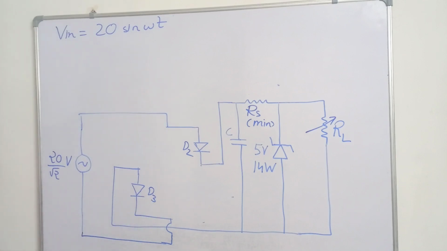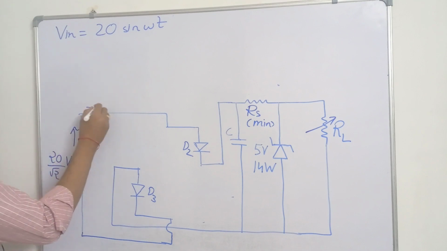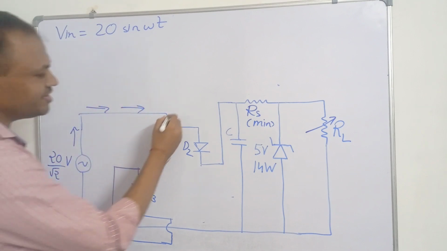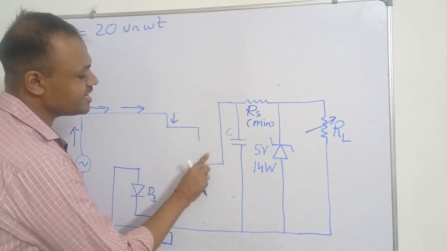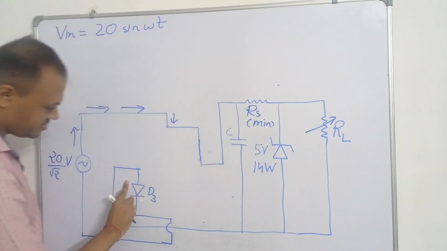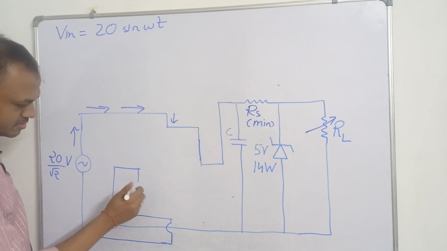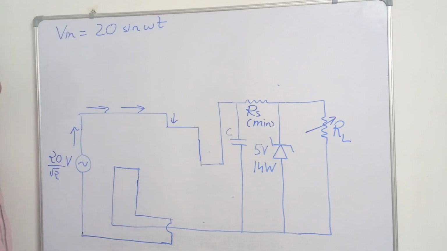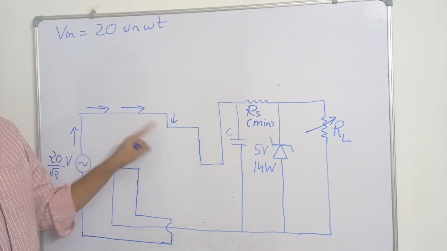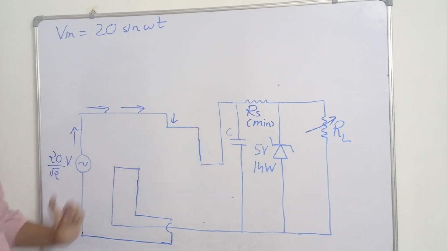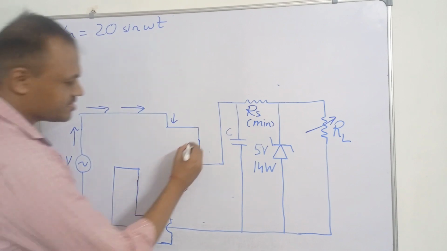Now this capacitor will get charged through this path. This will be on, so it can be replaced by short circuit, because an ideal on diode can be replaced by short circuit and an ideal off diode can be replaced by open circuit. So this is the circuit.